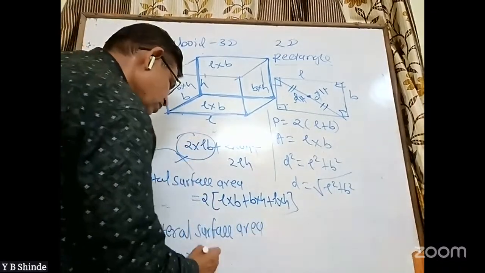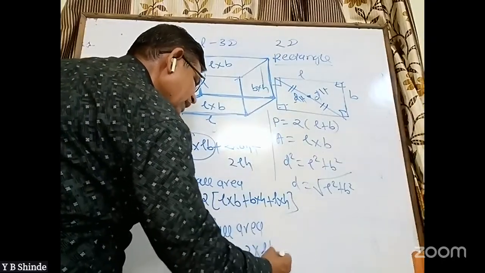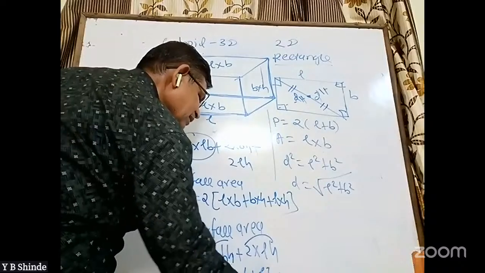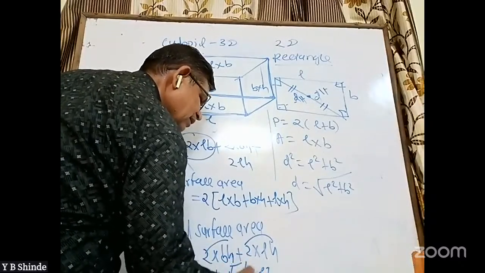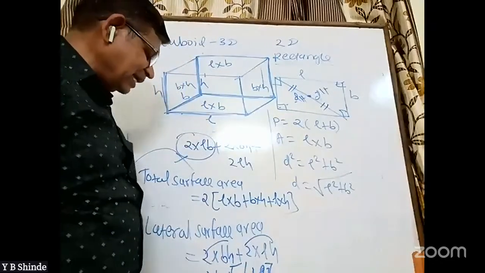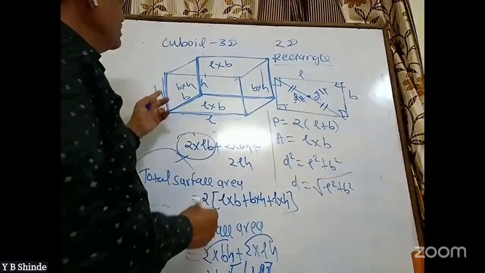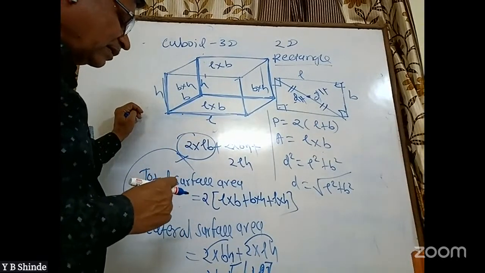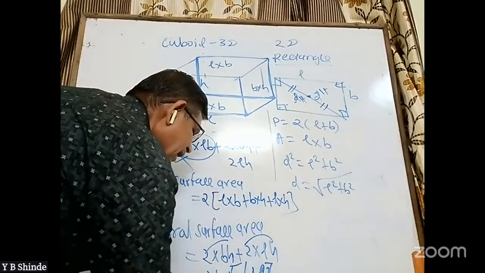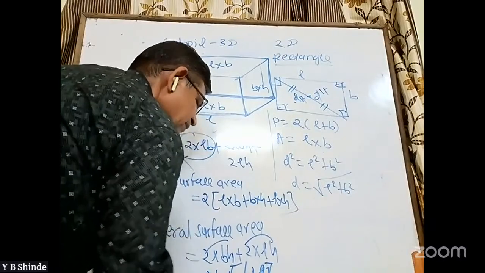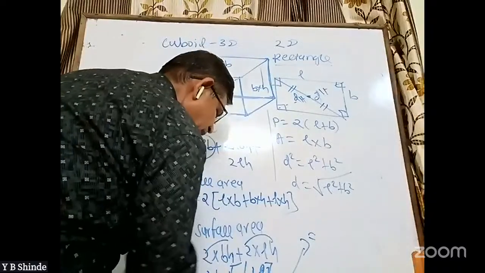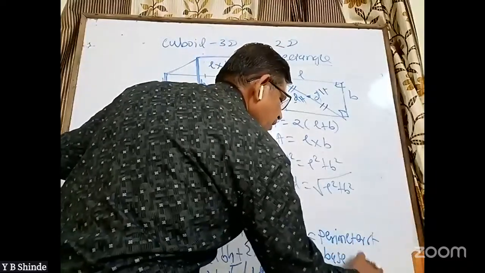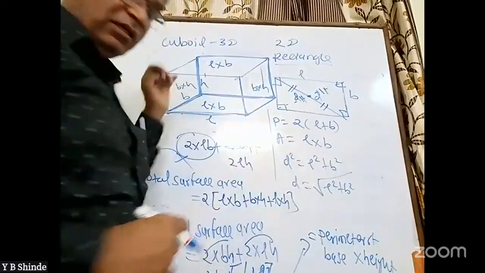Two LBs removed. 2BH plus 2LH. 2H into B plus L. That is 2 times L plus B into H. Which can be written as 2 into L plus B, perimeter of base, into height. Write it down, or take a screenshot of this.